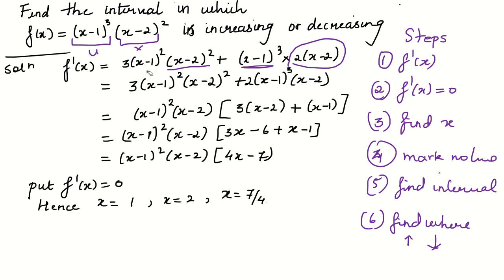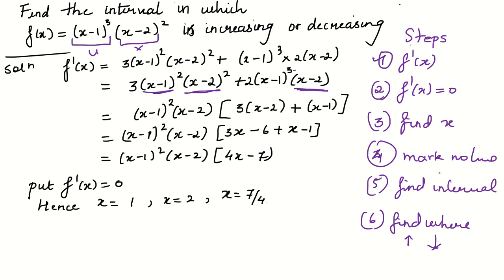Later we are going to simplify it by not opening the brackets but rather taking out the common brackets. So x minus 1 the whole square is here and here also. So I took out the square term and just x minus 2, because here there is no square. Whatever remains I've written in the bracket, opened it up and got this third bracket.